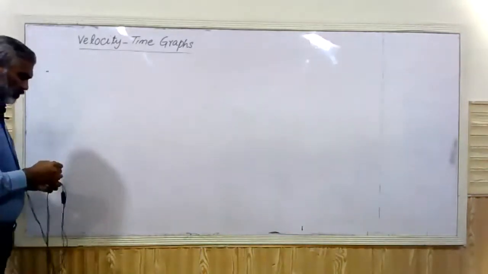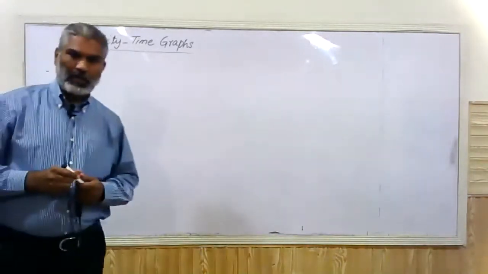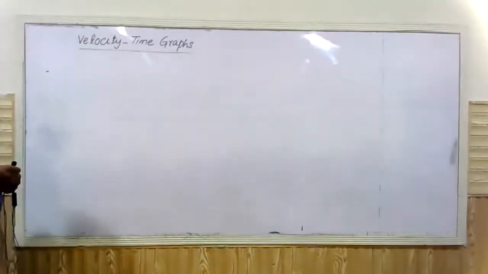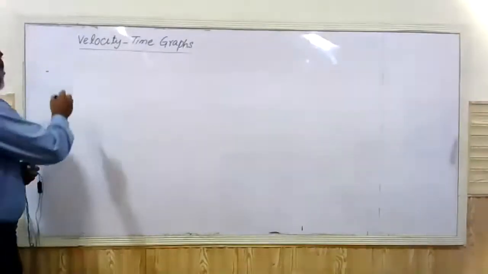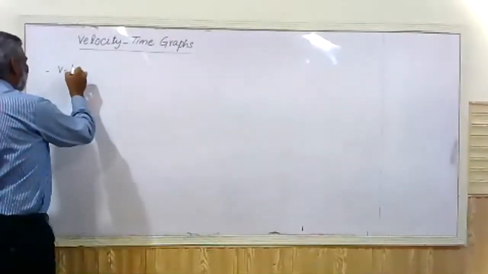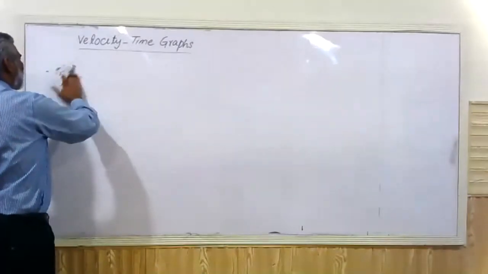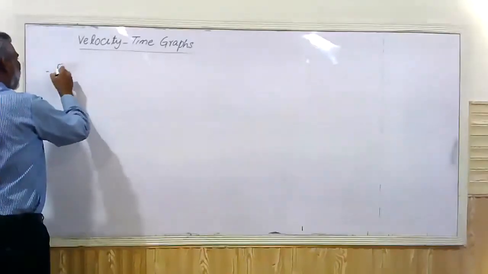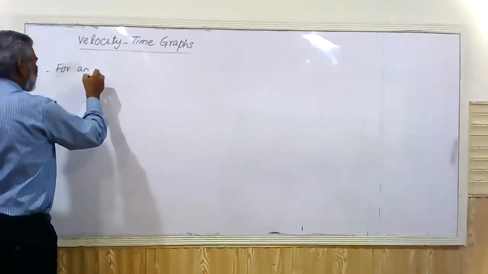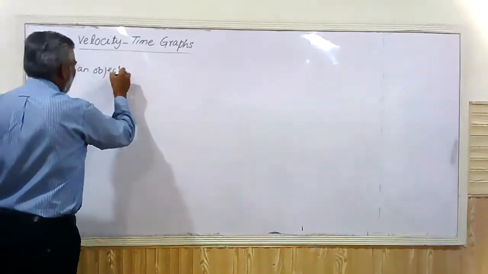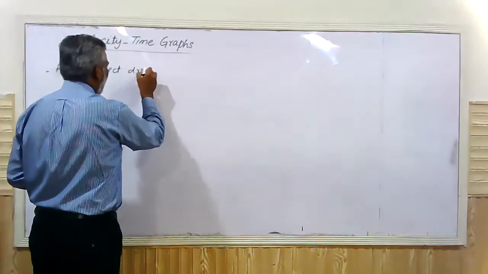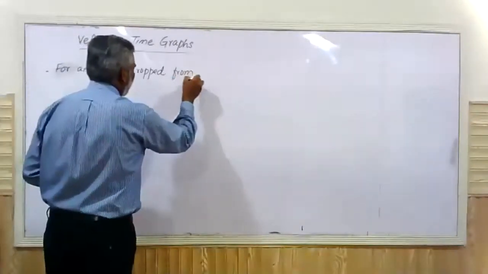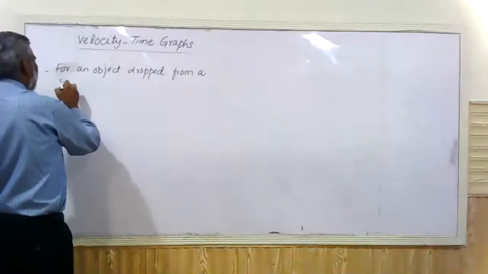Number one, velocity time graph of an object that is allowed to fall from a small height. VT graph, which is already written at the top, for an object dropped from a small height.